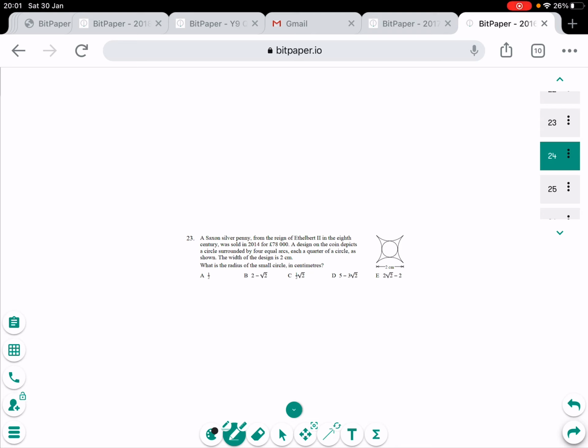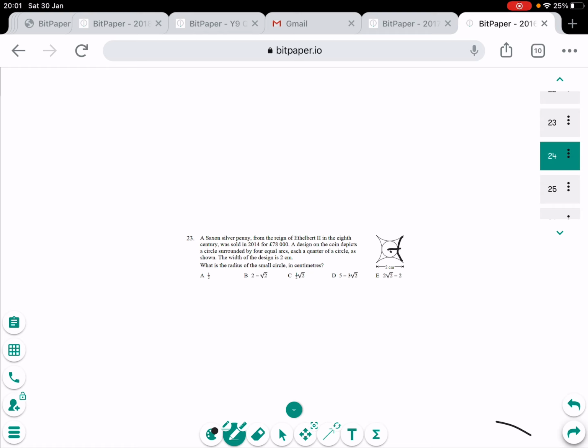A design on the coin depicts a circle arc. What's the most important is that this line is a quarter of the circle. So 4 of that is going to be the whole. It asks for the radius of the small circle.